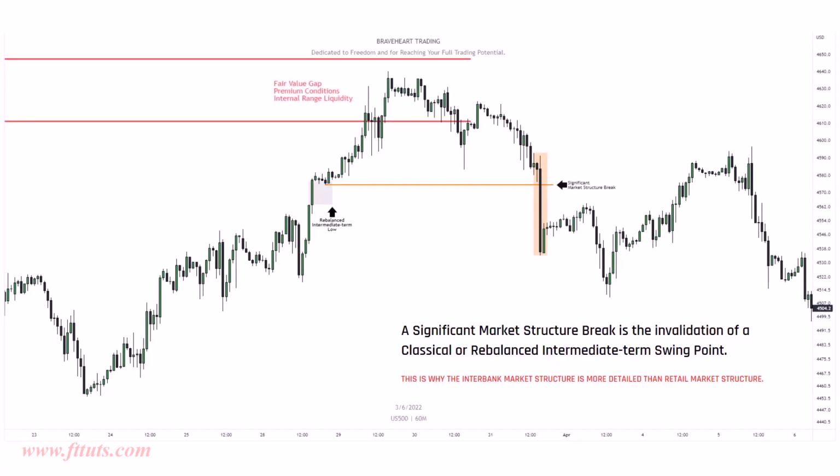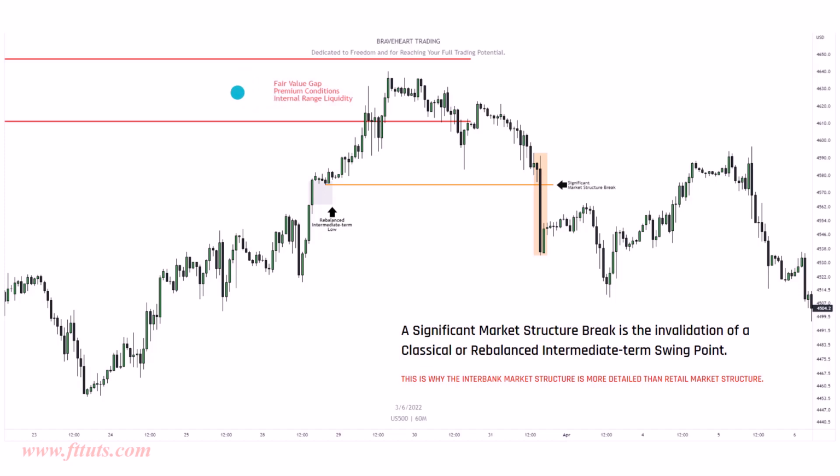A significant market structure break is the invalidation of a classical or rebalanced intermediate term swing point. This is why interbank market structure is more detailed than retail market structure.